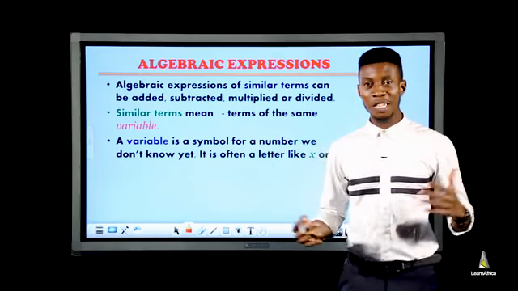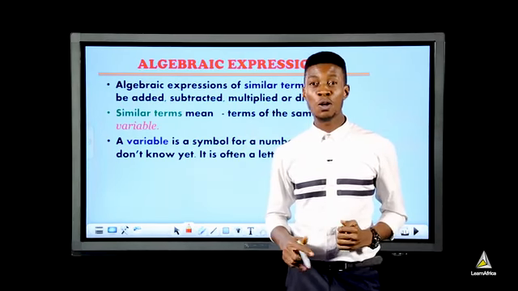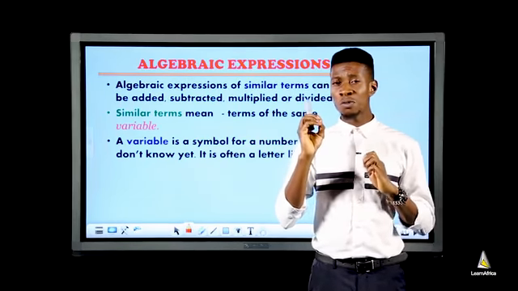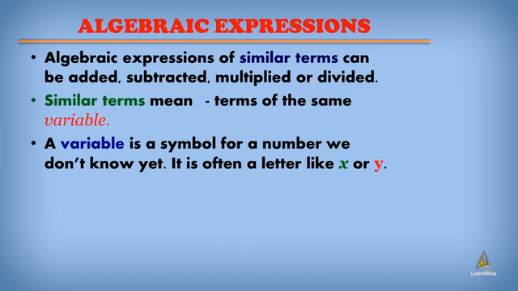Okay. Still talking about algebraic expressions, we have some important points that will be very good for you to take note of. First, algebraic expressions of similar terms can be added, subtracted, multiplied, or divided.